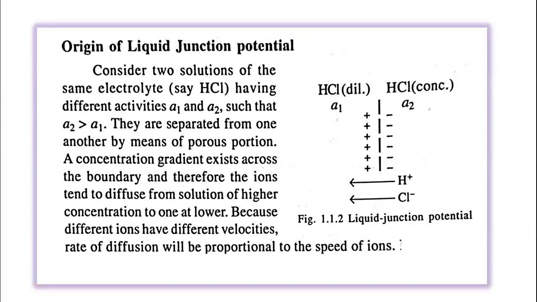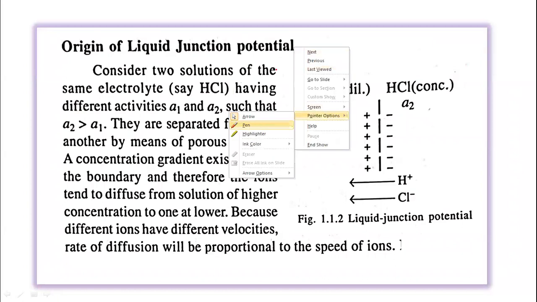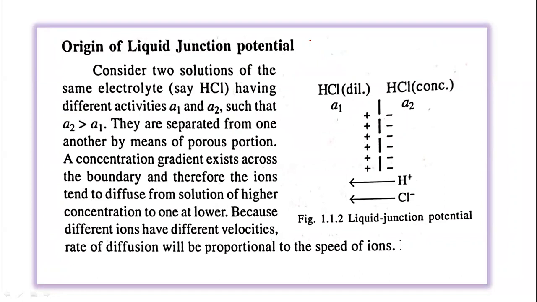So, origin of liquid junction potential. Consider an electrolyte concentration cell with transference reversible to cation. So let us construct here an electrolyte concentration cell with transference, where the two electrodes are the same but there is a difference in the concentration of the two electrolytes.